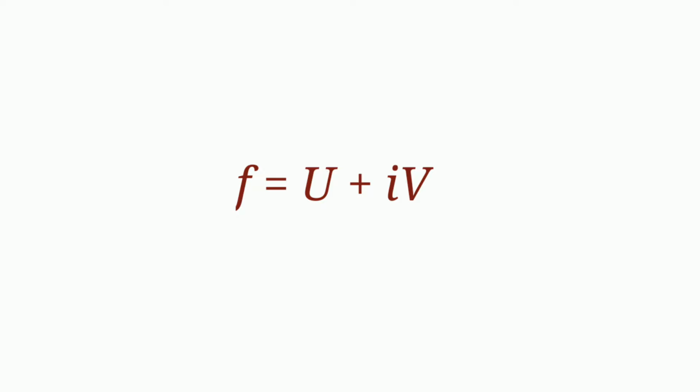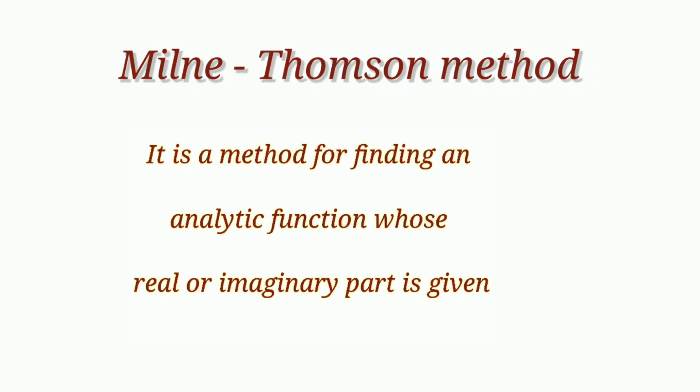In this video, I will illustrate another method of finding an analytic function when u or v is known. And the method is Milne-Thomson method. Milne-Thomson method is a method for finding an analytic function when its real part is known or its imaginary part is known.